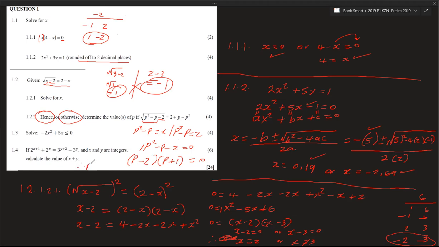Therefore, p minus 2 equals to 0 or p plus 1 equals to 0. Therefore, p equals to 2 or p equals to -1, right? And then you're going to test both solutions. In this case, they will both work. Why do they work? Because remember we said this equation is equals to 2 and 2 works. So these ones should work. Does it make sense?